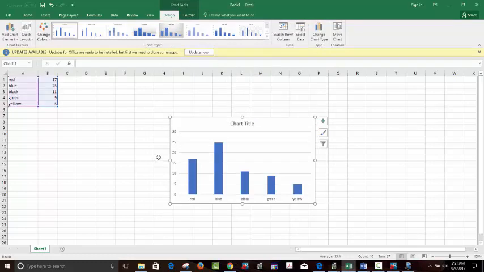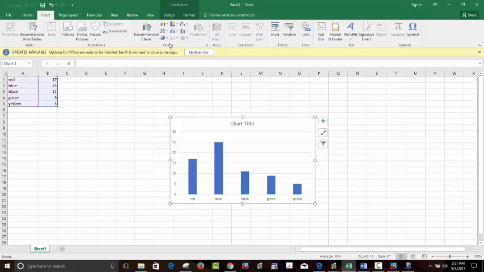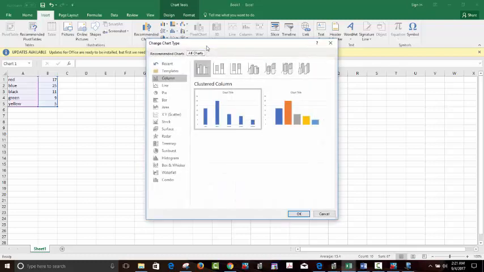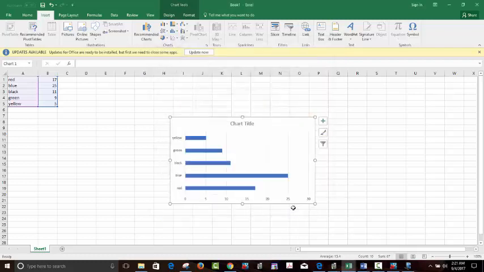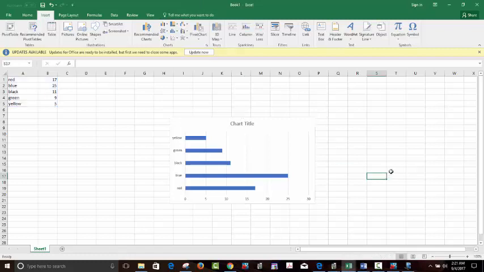Now, of course, you can play around with these and change the colors and all that kind of stuff. I don't remember how I did horizontal before, but that's okay. It's not that important. Oh, there we go. They're sideways. Okay. There we go. So that's pretty easy.